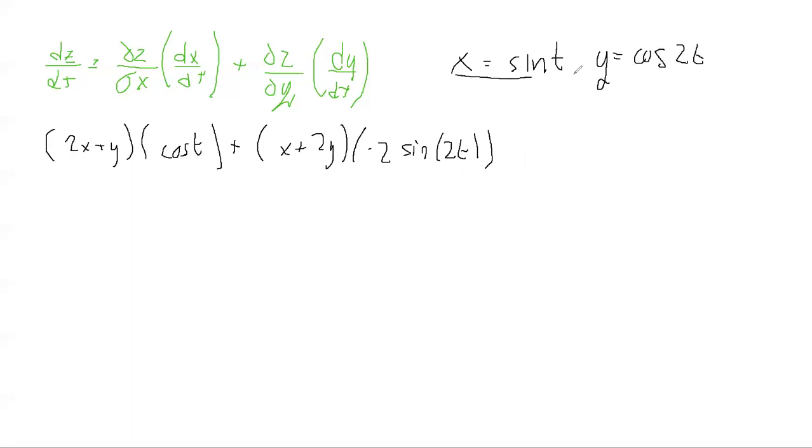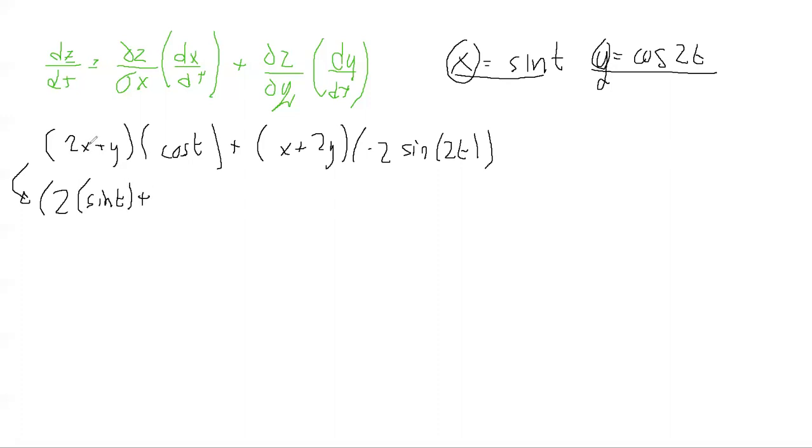Keep in mind, these are 2 given values. What I'm going to do here is plug in those values of x and y wherever there's an x and y value. So you see there's an x here, y here, x here, y here, and that's it. So I'm going to say 2, what's x? Sine of t. I hope you know what I'm doing right here.